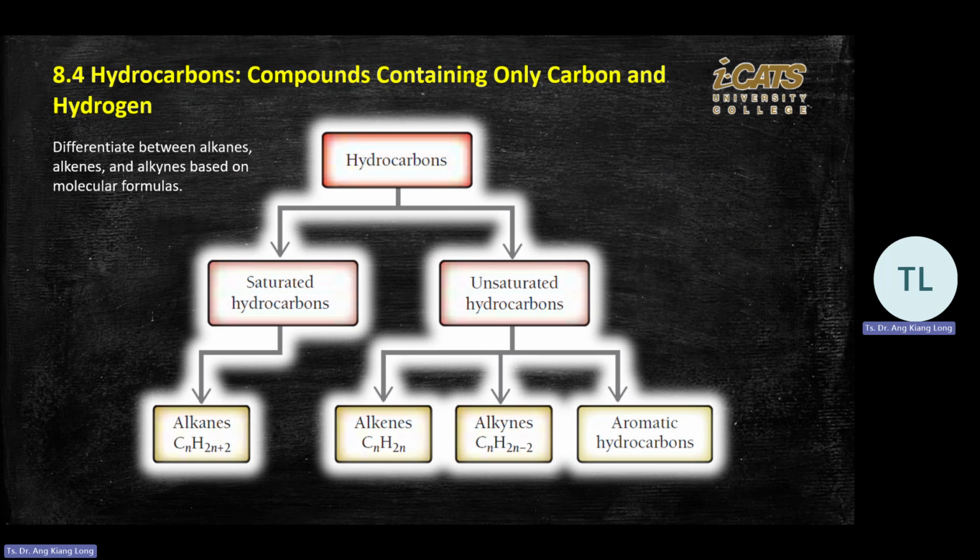If the formula cannot be grouped under these three formulas, the combination of C and H will fall under aromatic hydrocarbon, where you generally see a ring structure like benzene.